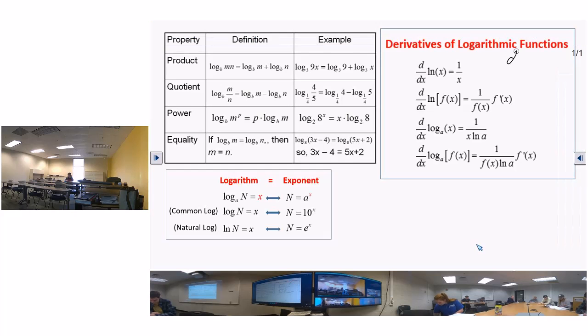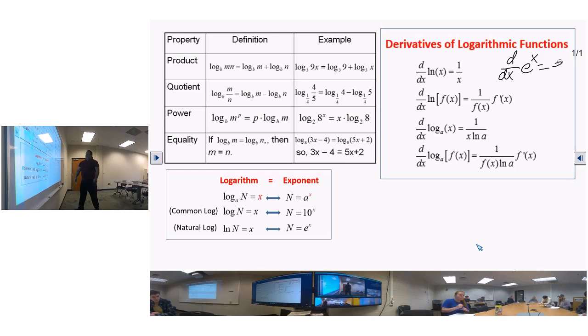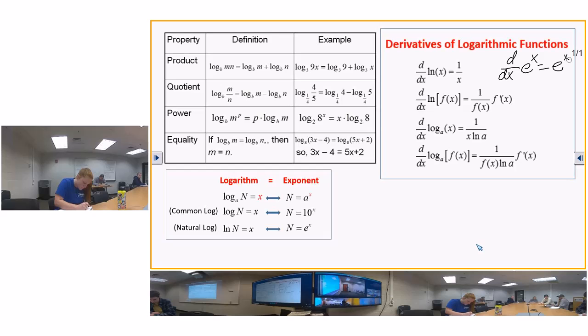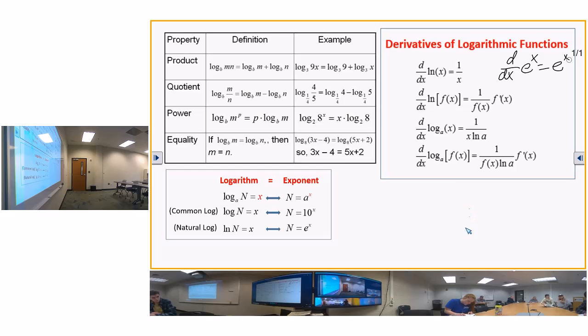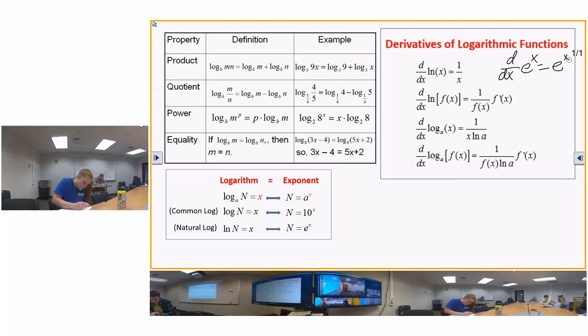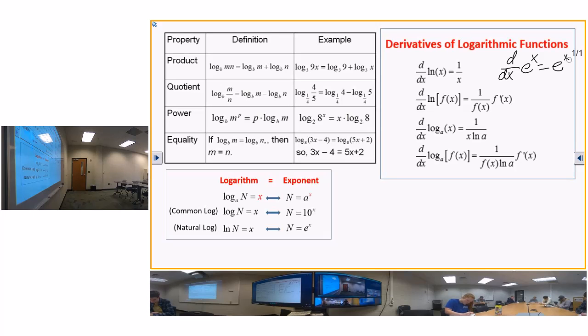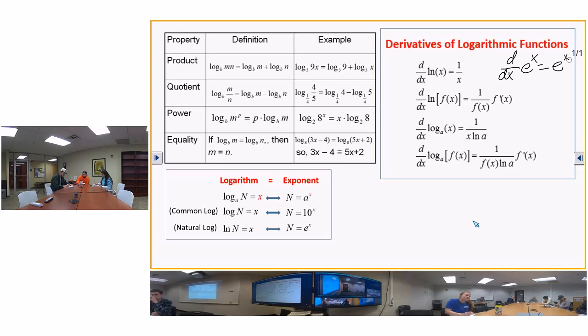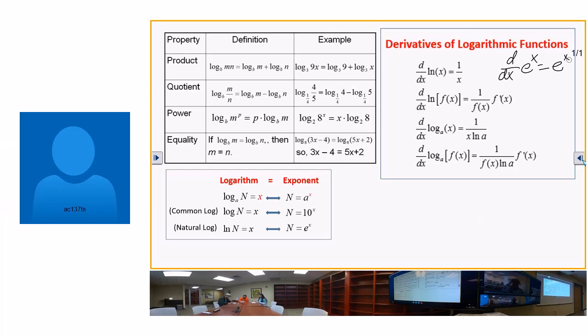So you can also add d/dx of e to the x is equal to e to the x. Okay, you'll see these on the slides, so I'm going to go on to the slides.